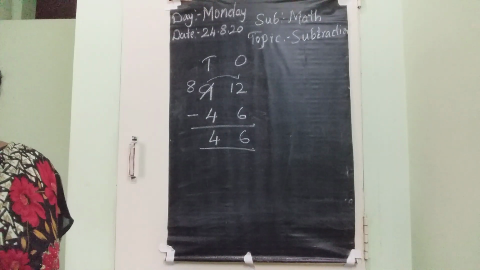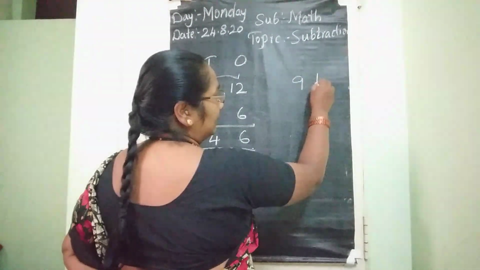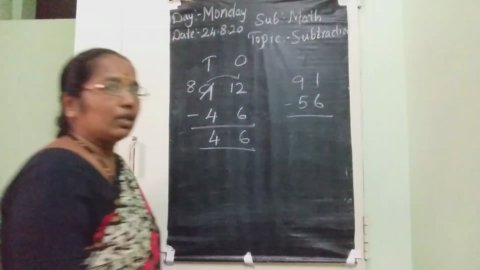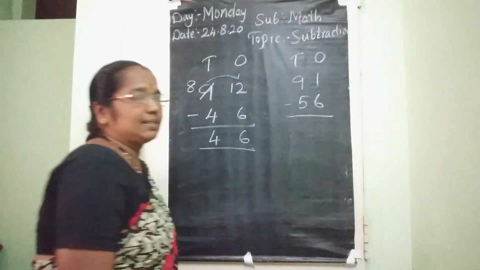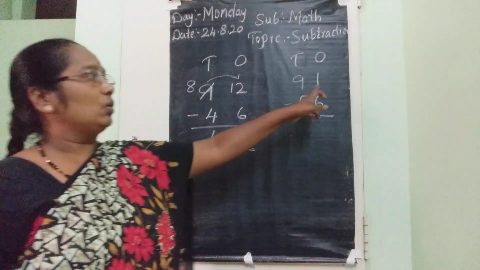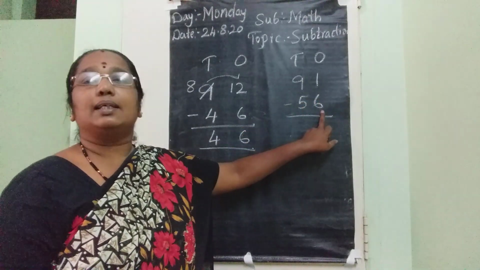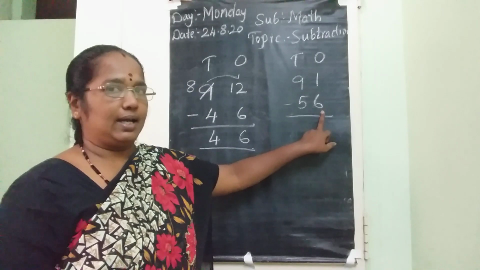Shall I give one more example? 91 minus 56. This also has 1 in the ones place. Here also 1 is lesser than 6. Can I subtract? No, I cannot.